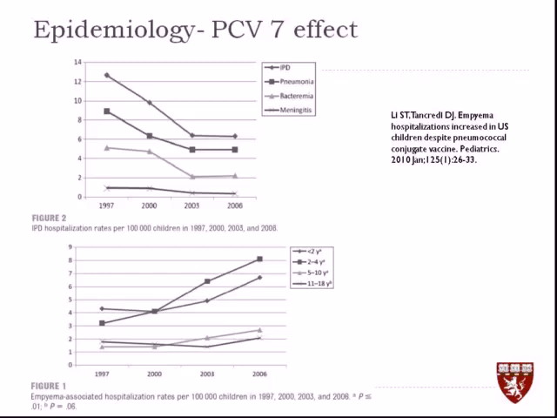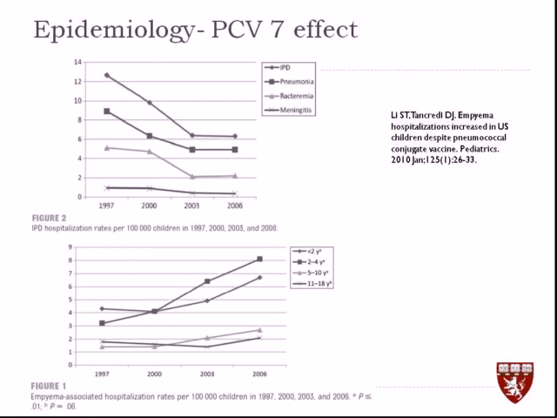We have enough data to make some conclusions about the PCV7 effect. As you can see, pre-PCV7, IPD, invasive pneumococcal disease, used to be in the order of more than 10 to 12 in 100,000 children. And as we started applying PCV7, you can see the incidence of IPD significantly decreasing.